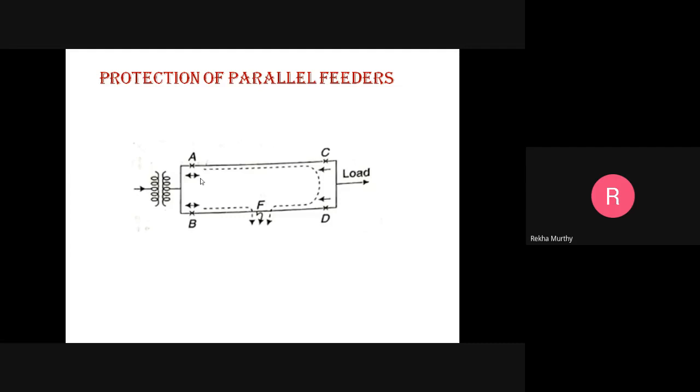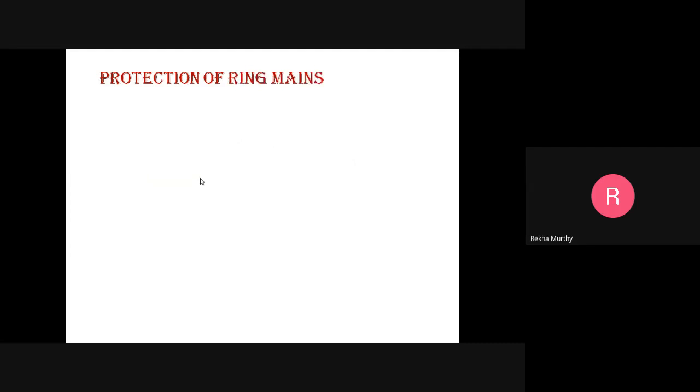The mesh will be there, but in a different manner, with different shapes. It can be in the form of a ring or some other types. So let us see the protection of ring mains.